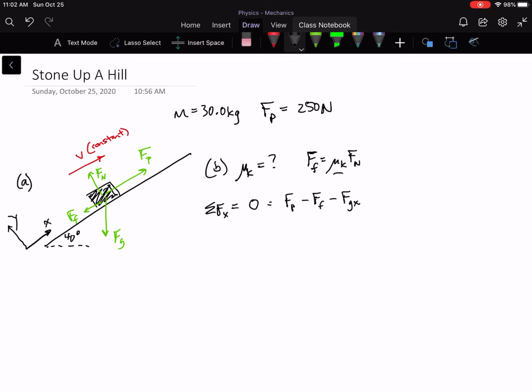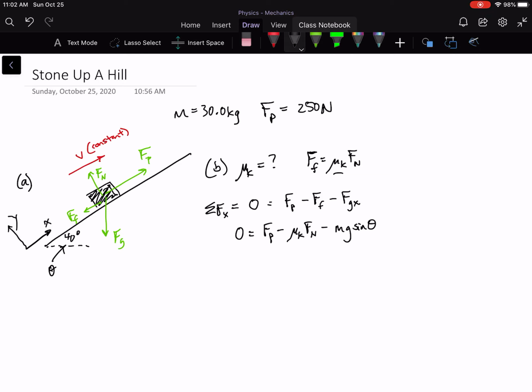If we look at this, we might think maybe we can get the answer right away because we have some of this information. But if we start substituting in terms of their definitions, so mg sine theta, theta being that angle, we don't know a couple of things.